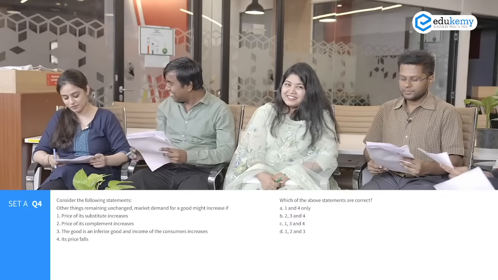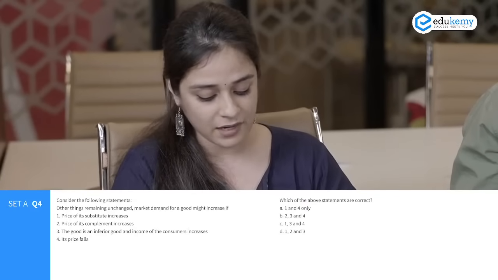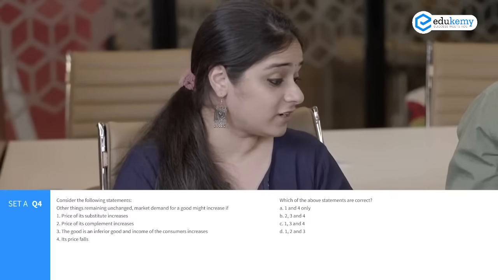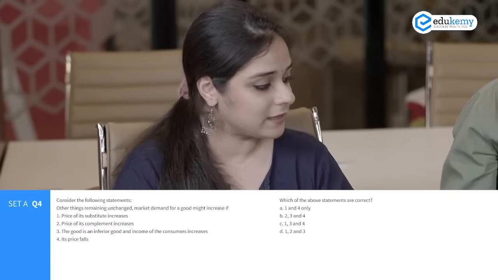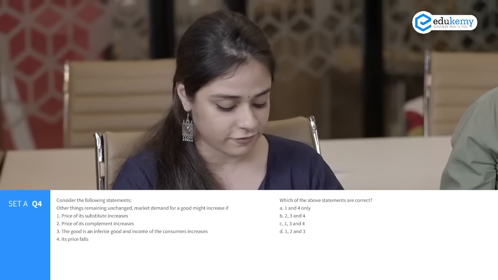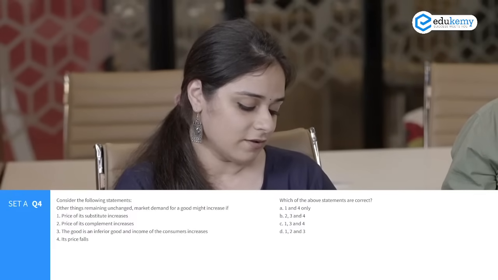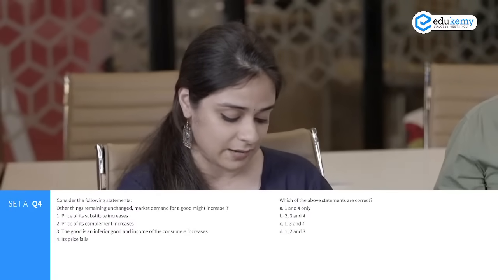This question talks about the law of demand: the market demand for a good might increase if the price of its substitute increases, which is wrong in this answer. If you eliminate the first one, then I think C and D stand eliminated.